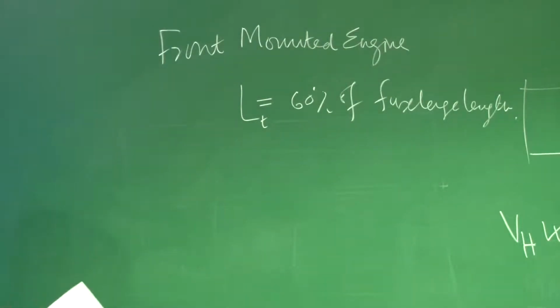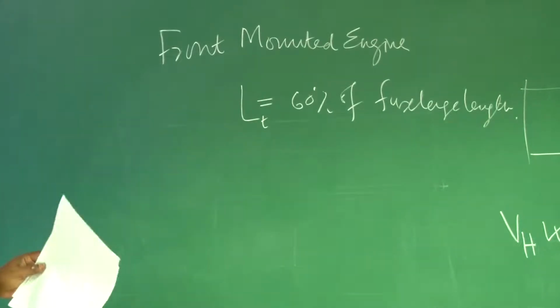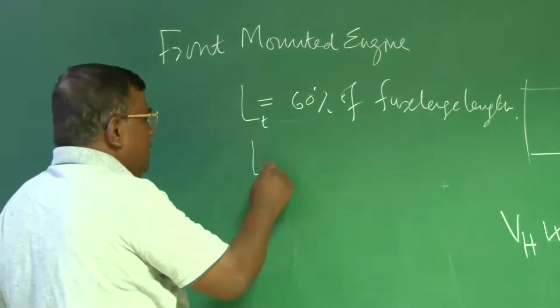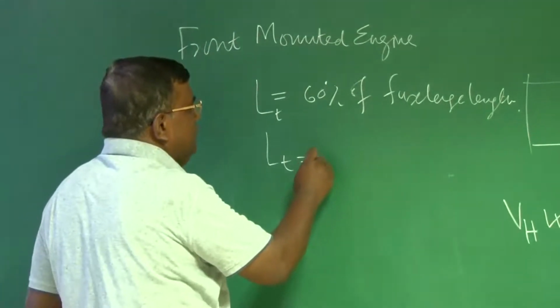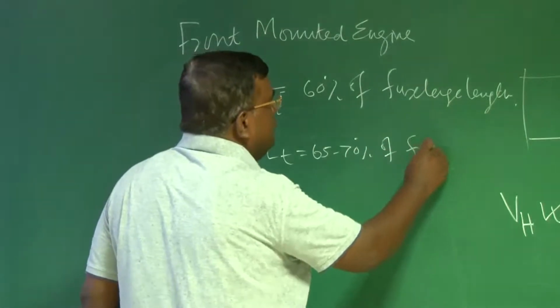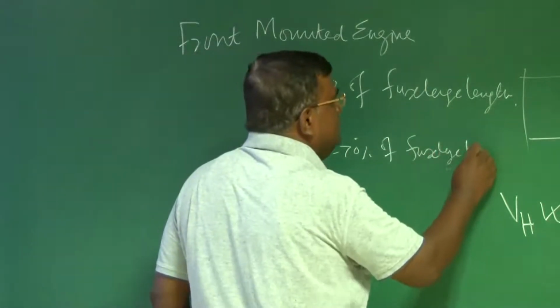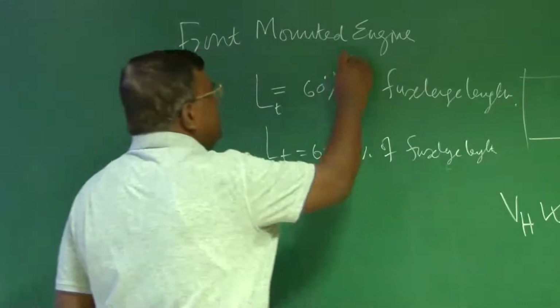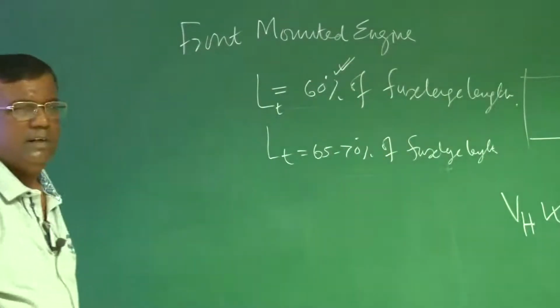Similarly for wing mounted, with some variation, 55% is there. But when I do it, I take LT as simply 65 to 70% of fuselage length. So you can take 60 or 65%, 70%.